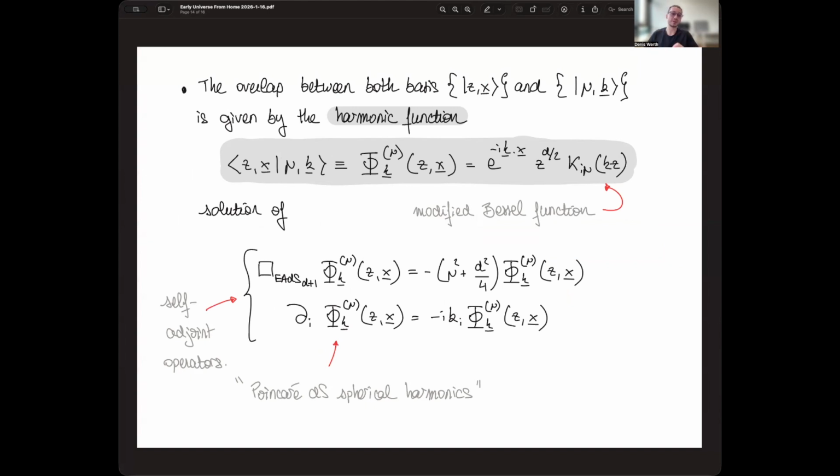So the spatial dependence is nothing but the usual Fourier plane wave, whereas the time dependence is given by a modified Bessel function. In fact, this harmonic function can be viewed as the Poincaré de Sitter spherical harmonics and satisfies orthonormality and completeness relations. This fact follows from the differential operators being self-adjoint.